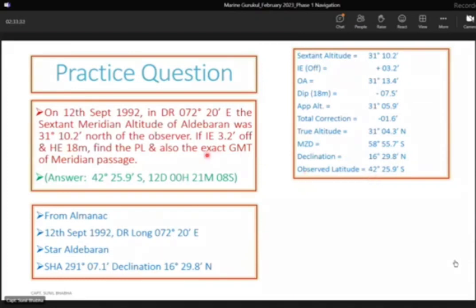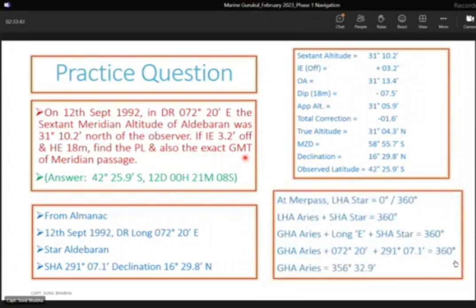Now moving on to the second part of the question, how to find the exact GMT of meridian passage. For this, we know that at the time of meridian passage, the LHA of the body is 0 degrees or 360 degrees.